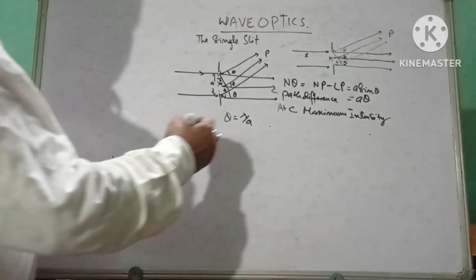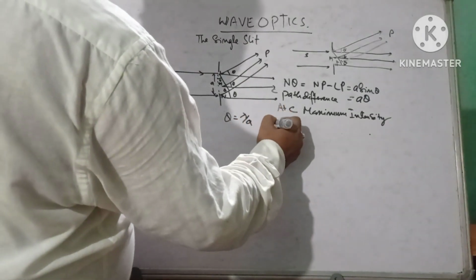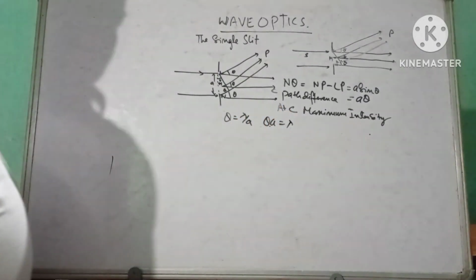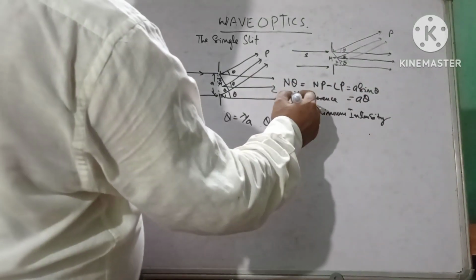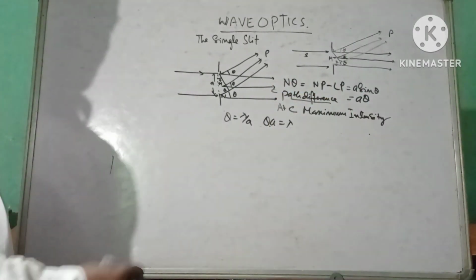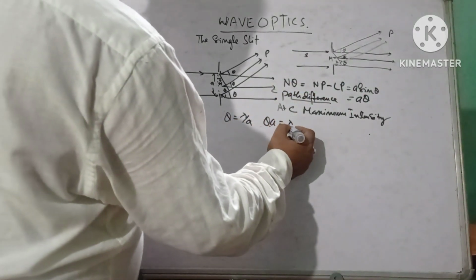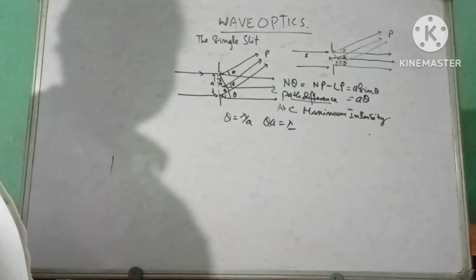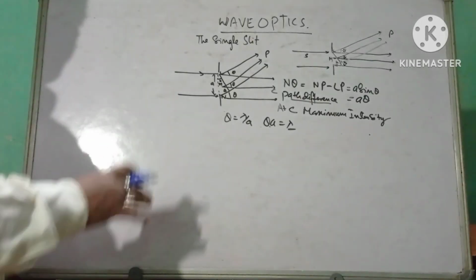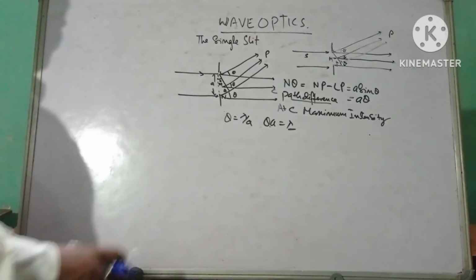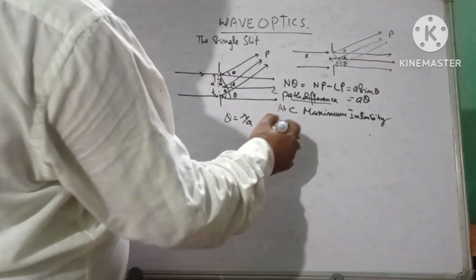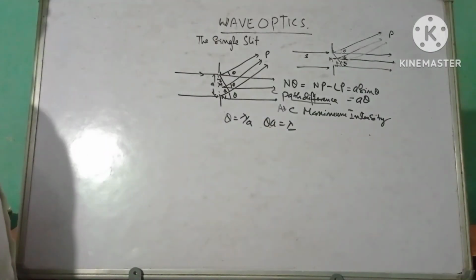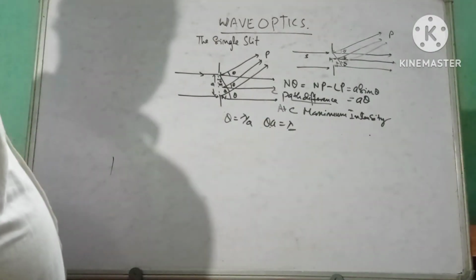So theta a is equal to lambda. That means theta a is the path difference, and they have considered the path difference between the two waves to be the wavelength, lambda.